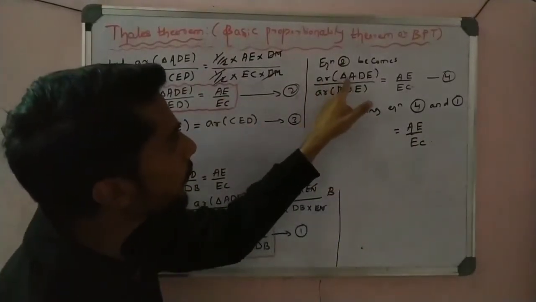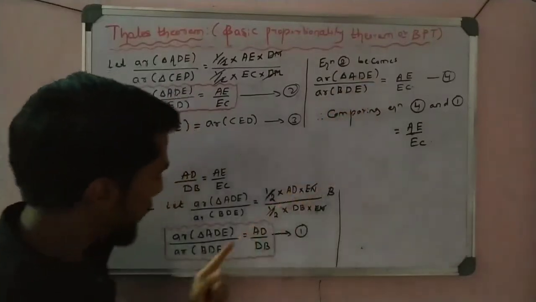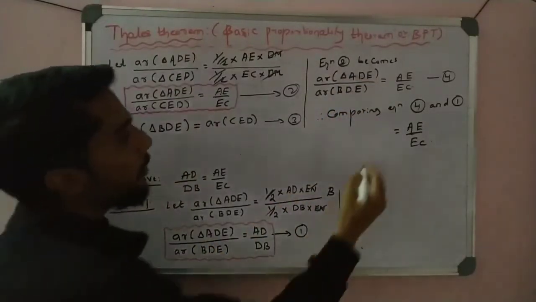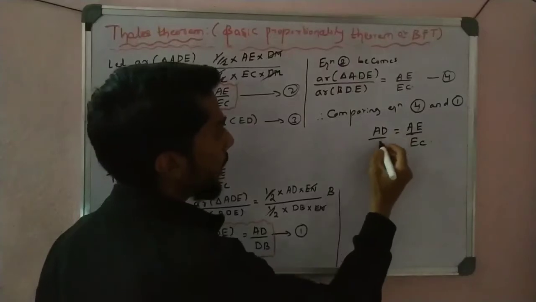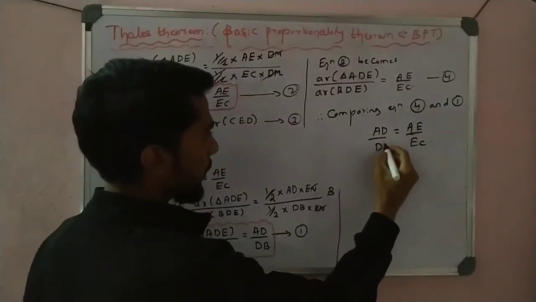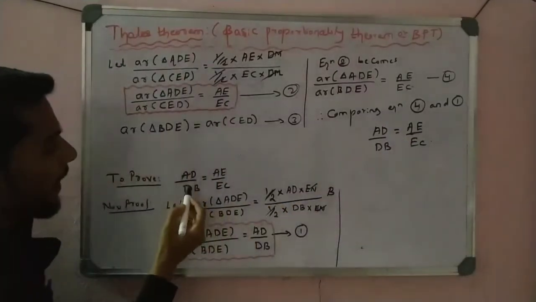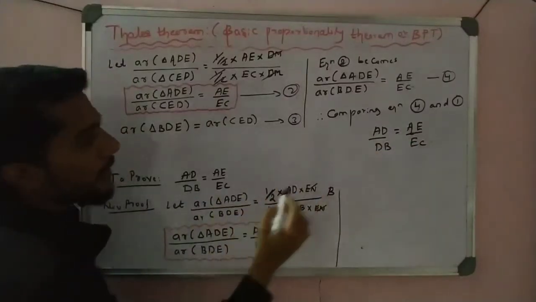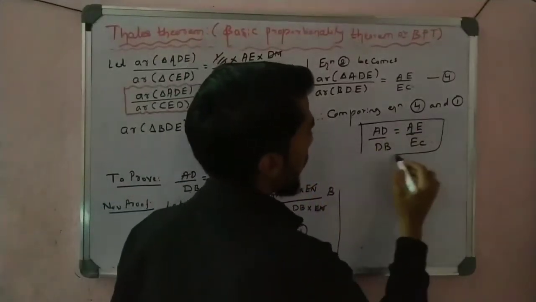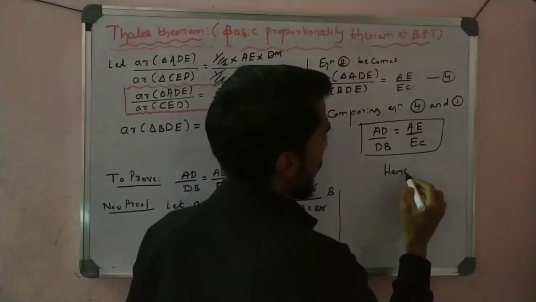Now area of ADE divided by area of BDE is AD divided by DB. So see here, the proof: AD by DB equals AE by EC. Hence proved.